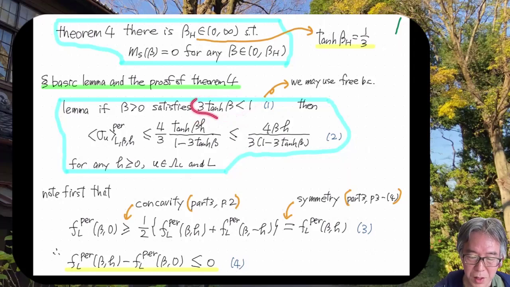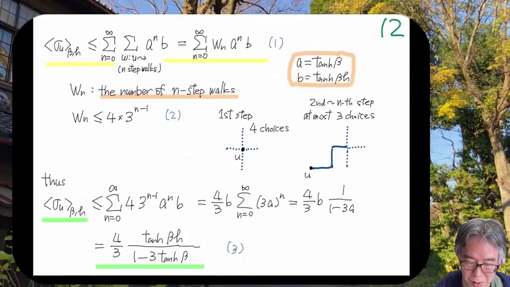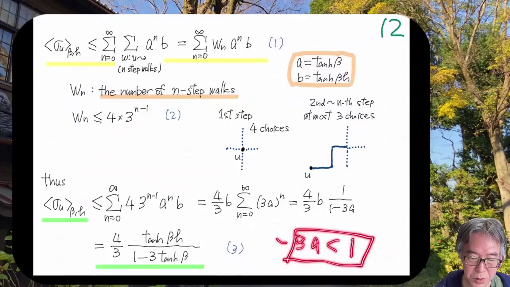So this was the condition necessary for the infinite sum we evaluated to converge. I show this again. Of course, it was clear that in order to sum this up, we needed the condition that 3a is less than 1. With this condition, we have this and we have this.